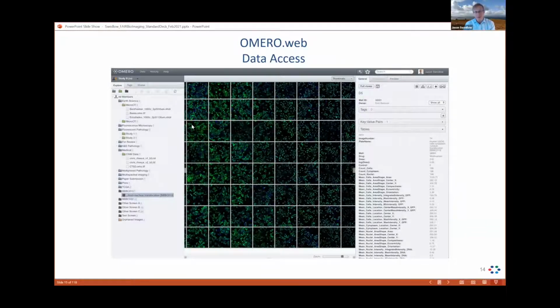Sort of has this left-hand panel, middle, right-hand panel arrangement. The left-hand panel has file organization. The middle is thumbnails and images, and the right has metadata. You see some analytic metadata coming out of, as it turns out, Cell Profiler in this case. So that's OMERO looking, in this case, at high-content screening data.